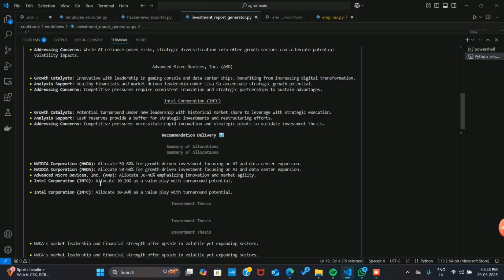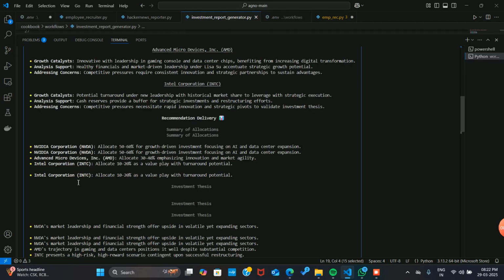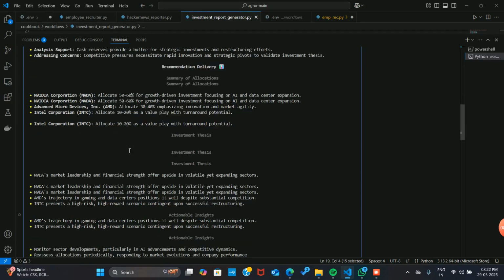For NVIDIA, it is saying 50 to 60% for growth-driven investment. Then you have AMD at 30 to 40%, and then Intel at 10 to 20% as a value play with turnaround potential.